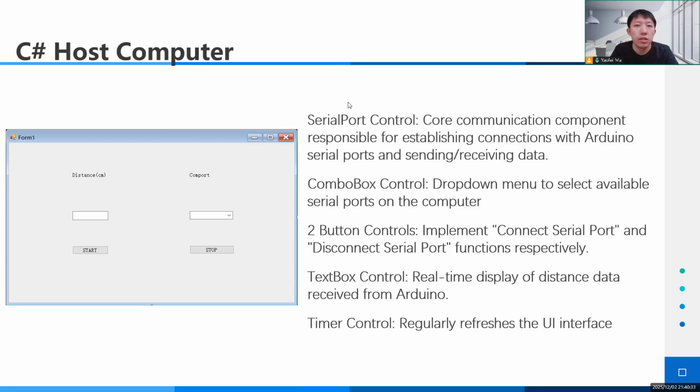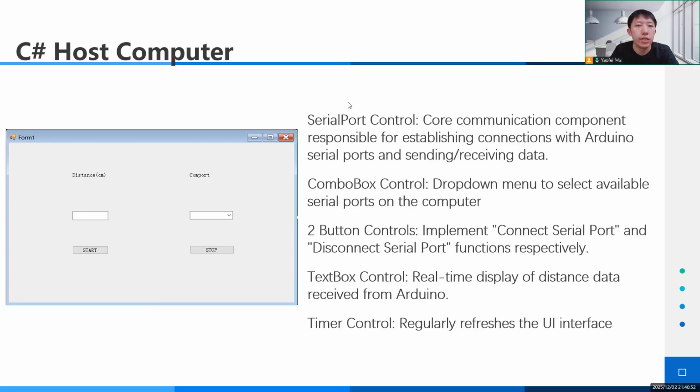In the initialization code, we use SerialPort.GetPortNames to get all available serial ports on the computer and fill them into the COM box automatically.